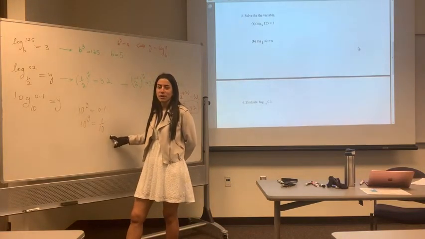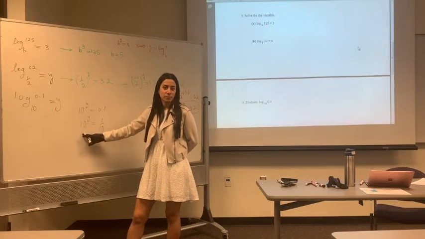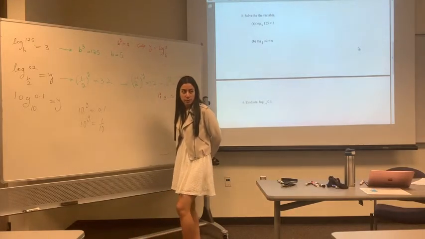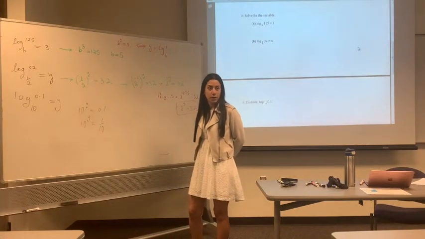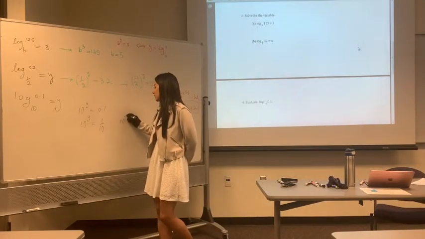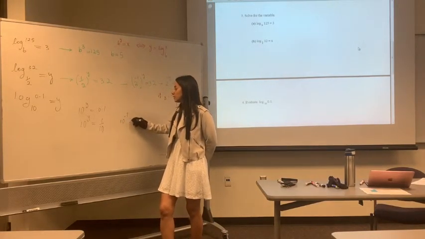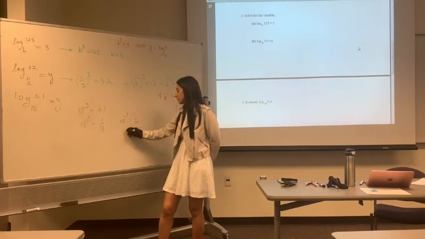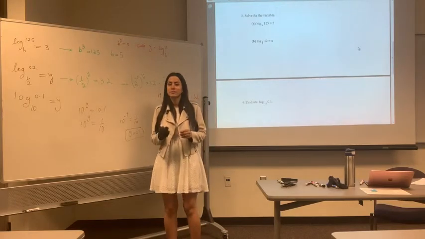So reciprocal of 10. What power should 10 have to have a reciprocal like this? A negative. Negative what? Negative 1. So 10 power negative 1 is 1/10. So y is negative 1. Correct?